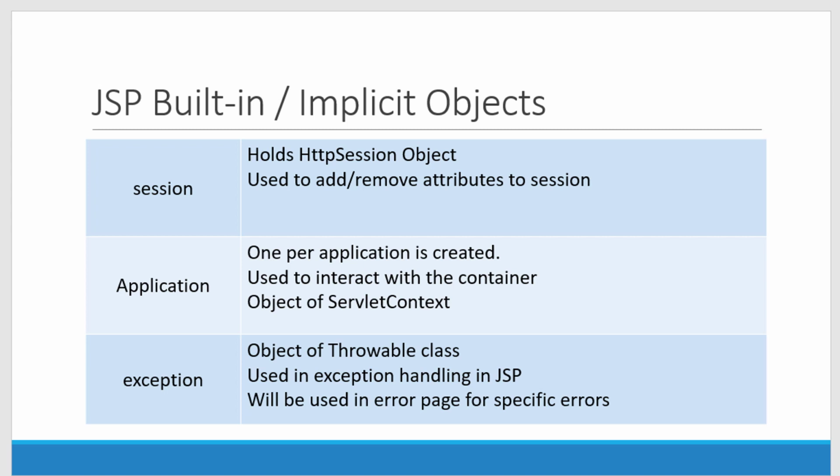The session will get created one per user. I will be in a position to add or remove attributes to the session using the session object, and that will be of type HTTP session. Any exception that happens within the JSP will be handled by this exception object, which is of type throwable class. Generally it will be used within the error pages. When we discuss error pages and how to display the error, we will be using this exception object.